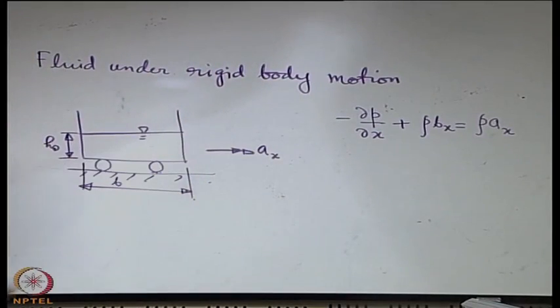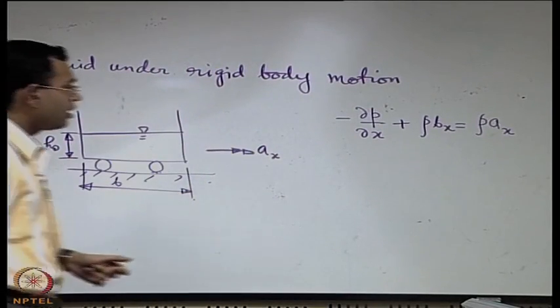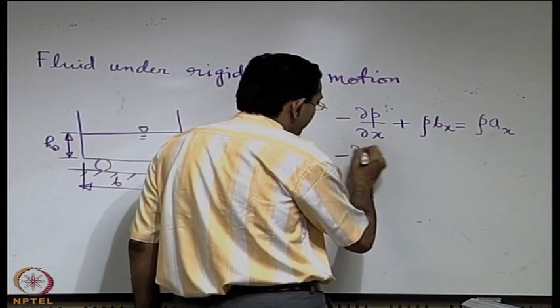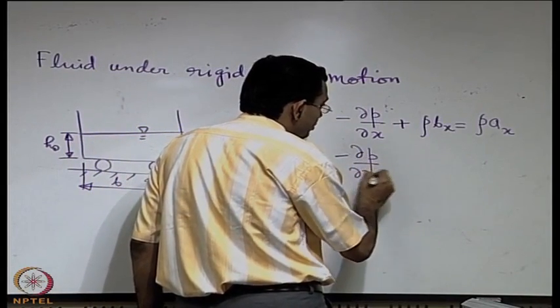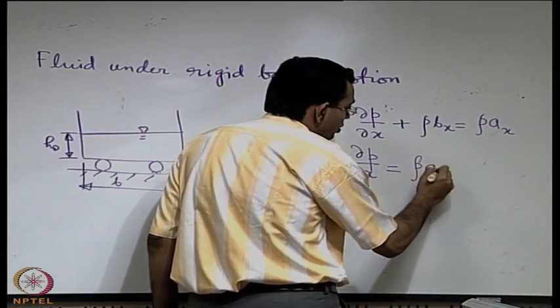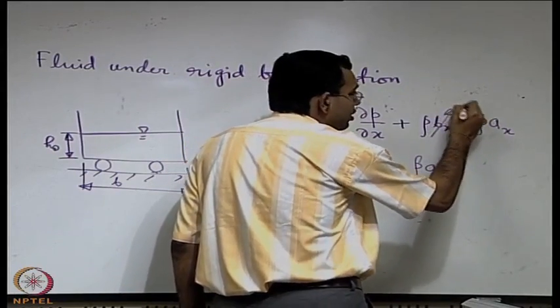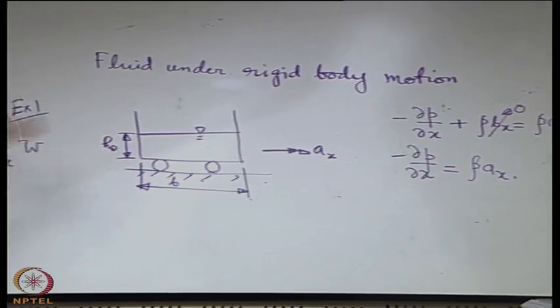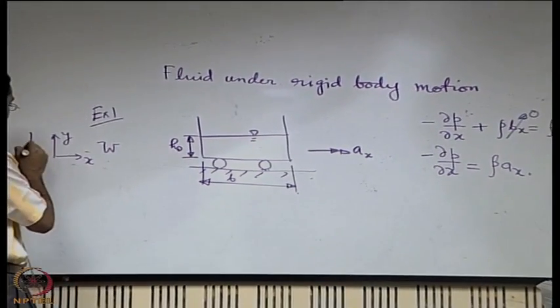We will try to use this expression here. So along x we have minus rho ax, because there is no body force acting along x. Let us say that we have x and y as our chosen directions, and the y direction is the direction opposite to the acceleration due to gravity.